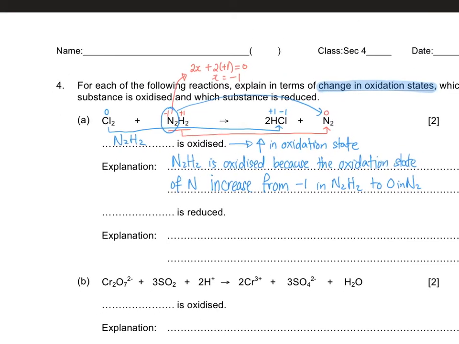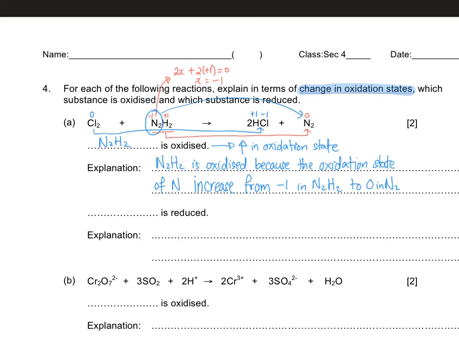Okay, so this is very straightforward. So N2H2 is oxidized, then Cl2 will be reduced.